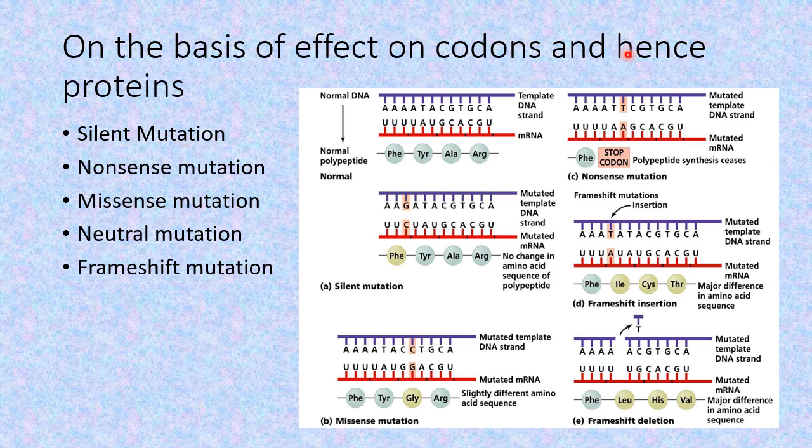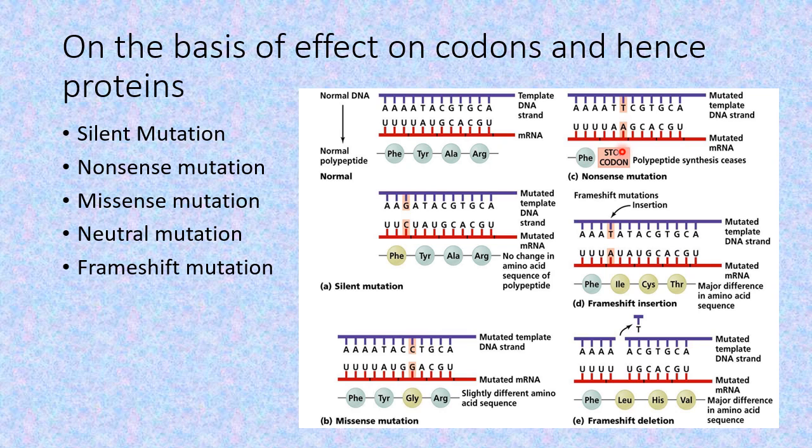Now if such a replacement of a single nucleotide leads to the generation of a stop codon, what will happen is that this mutated messenger RNA will be translated only up to this point where it encounters this stop codon.